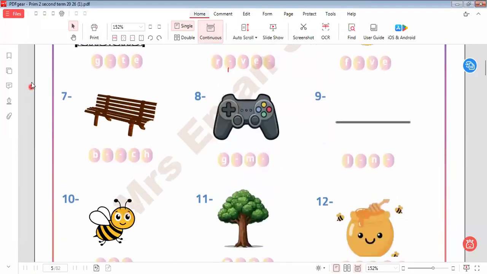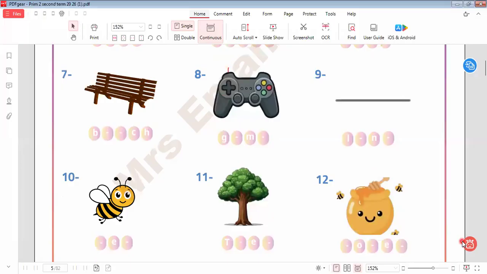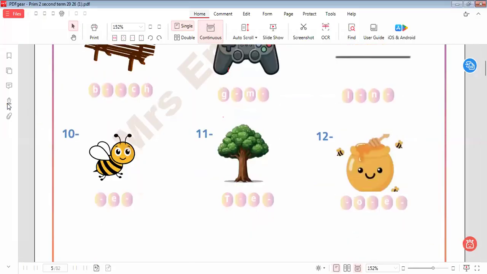Here to be here, bench. It will be here, game. Repeat it again. Line. It will be here, bee.